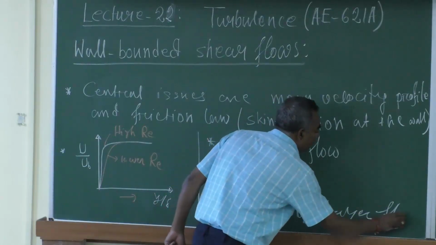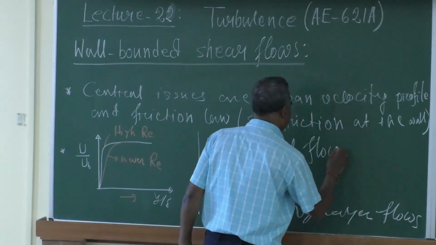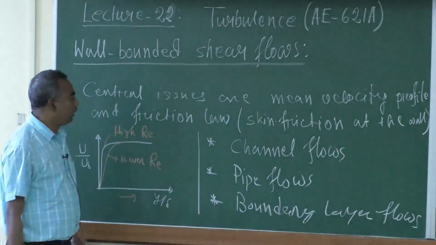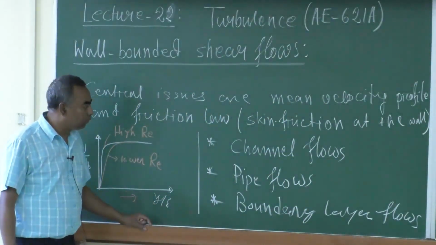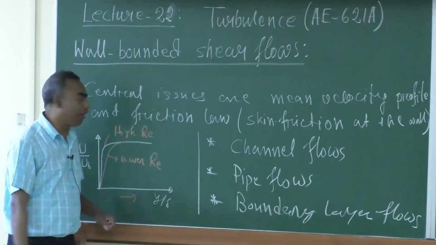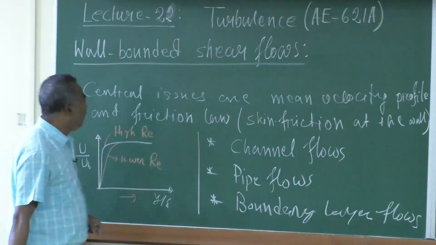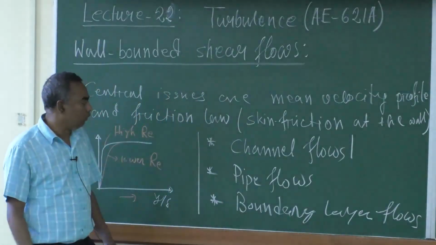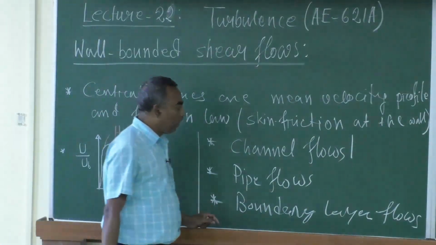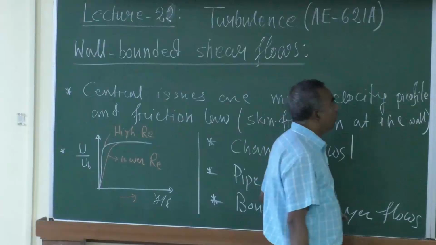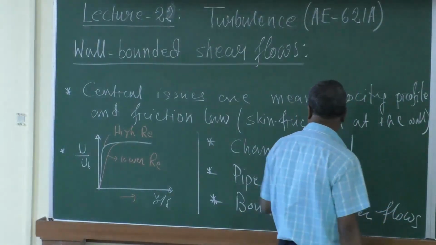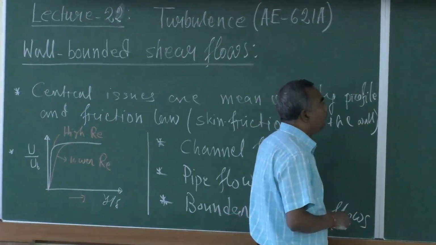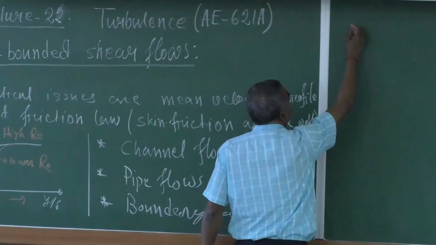These are the main three wall bounded flows often encountered in engineering applications. Mainly we will talk about channel flow in detail, and we will try to cover boundary layer flow, and let us see how far we can go. If time permits, we will extend the discussion to pipe flow. So, first we are going to talk about channel flow.